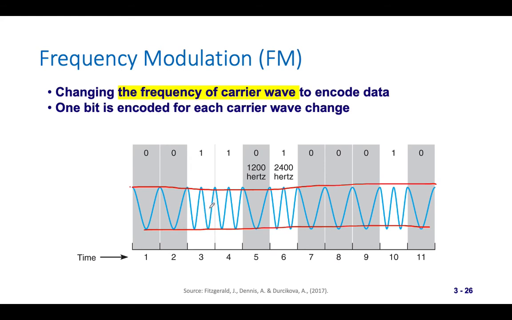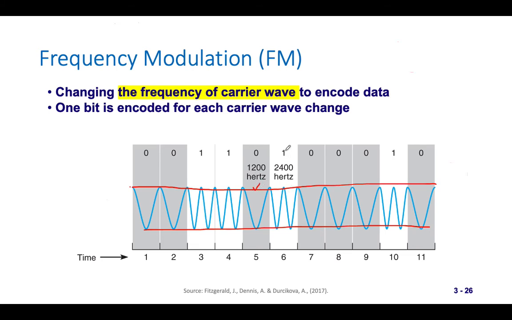The number of cycles. So over here I have 1 cycle per time unit. 1 cycle per time unit. When it comes to 1, 2 cycles, 3 cycles, whatever it is. So here, as you can see, this is 1200 hertz, 1 cycle.